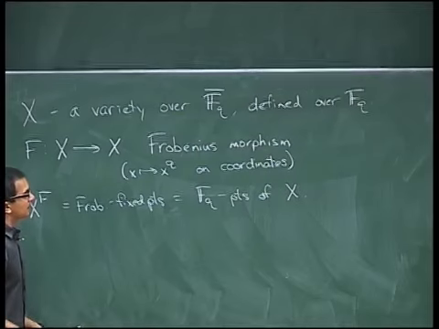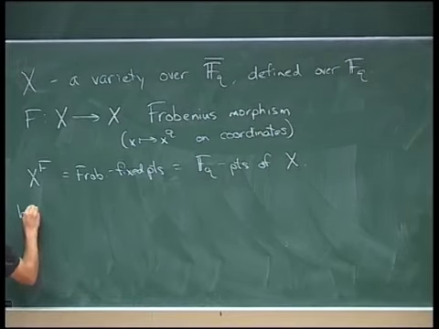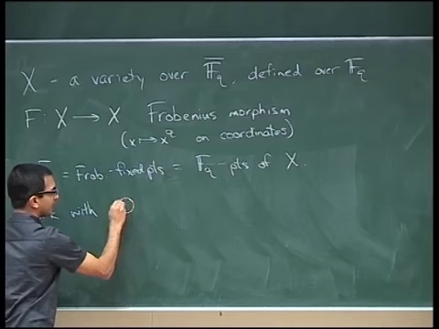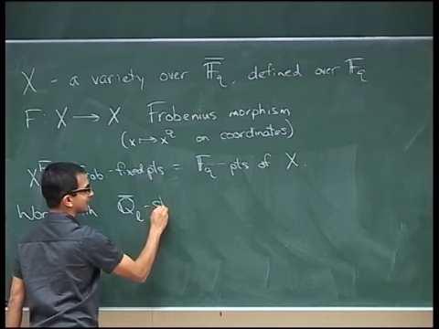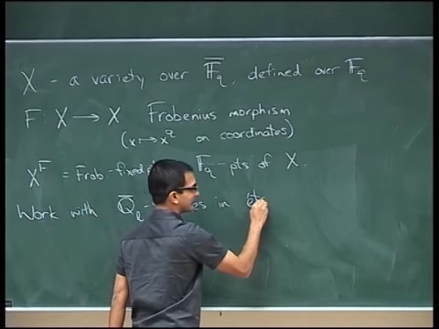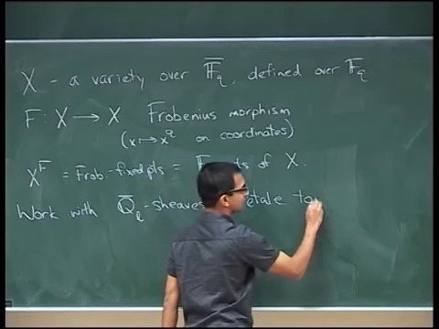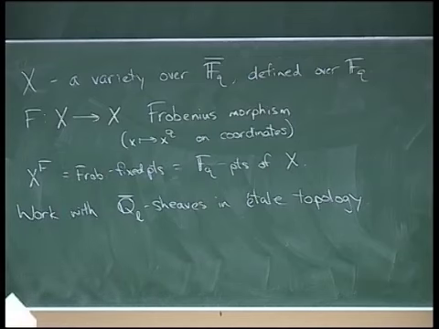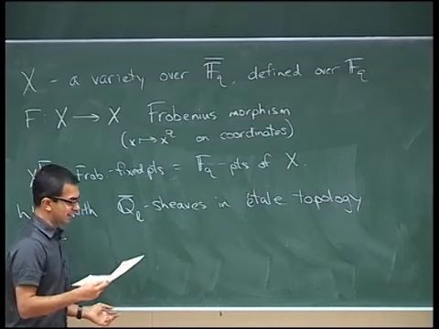Okay, and then we're going to work with Q_l-bar sheaves in the étale topology. So I'll say a few words about this, but most of the time in practice we can ignore how complicated this setup actually is.